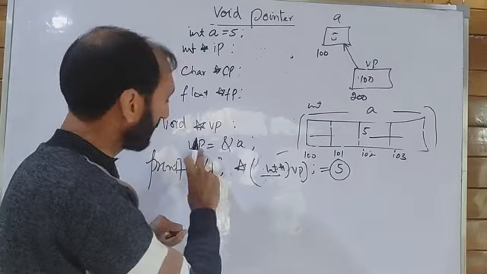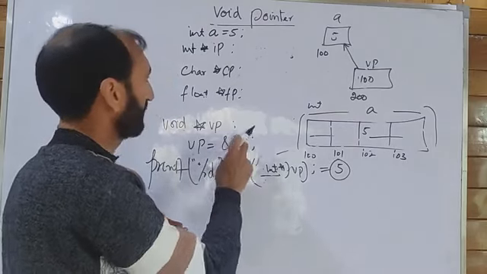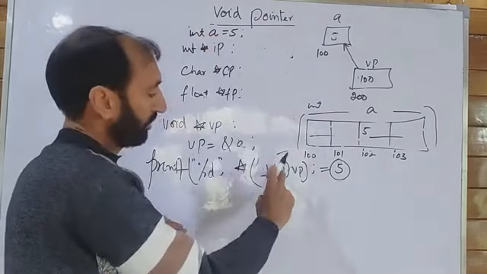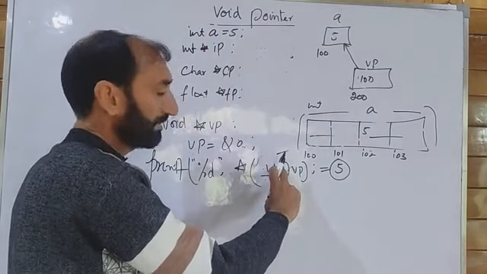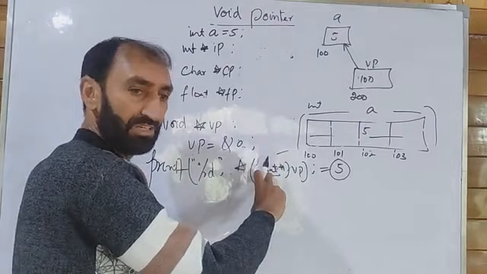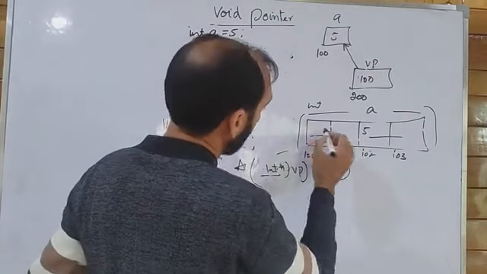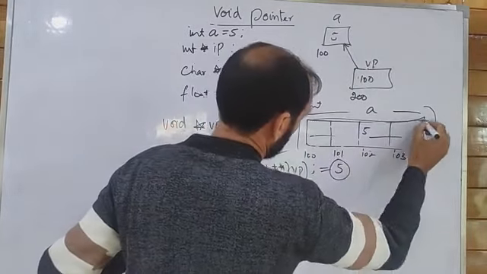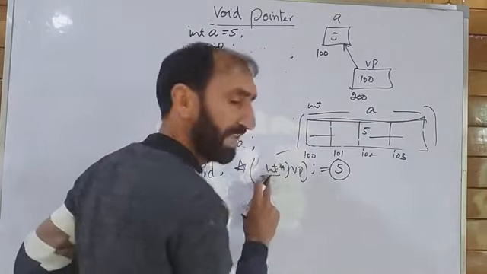Here VP is a void pointer which is storing the address of a variable whose data type is int. So here I write int, this is the pointer. This pointer stores the address of an integer. So obviously the compiler will read all four bytes of the memory.